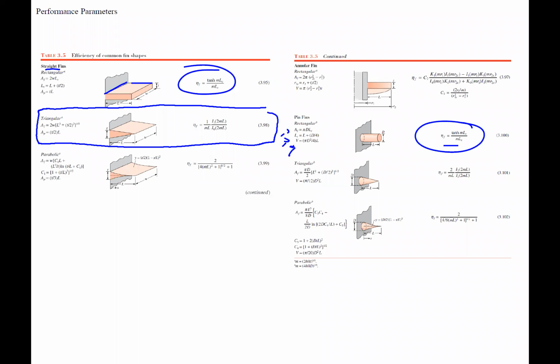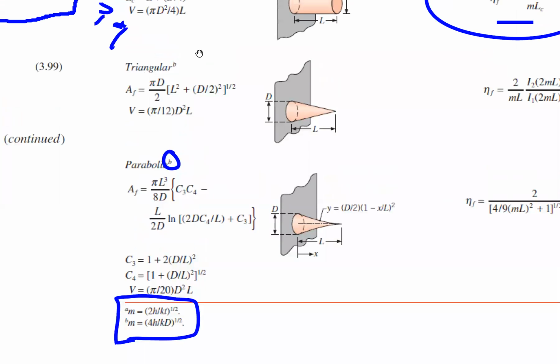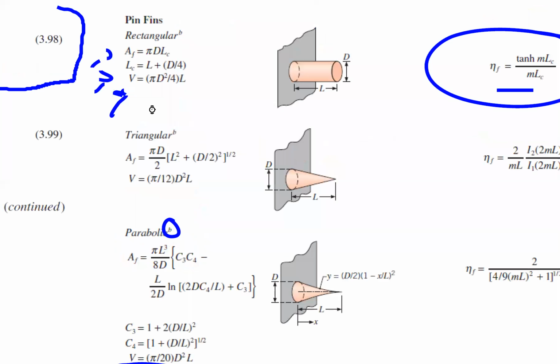The other thing that they have here is, let me zoom in, they've already simplified for that coefficient m for some of these. So for this parabolic, it's this b1. For the triangular, it's b. For the rectangular fin, it is.